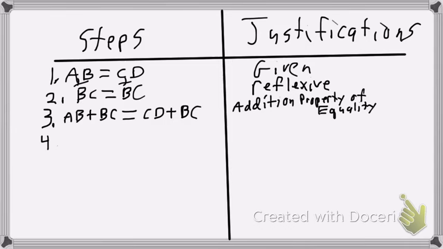And what I want to do on each of these is I want to break it apart. So I want to go, I know that AB plus BC is equal to AC. And CD plus BC is equal to BD.